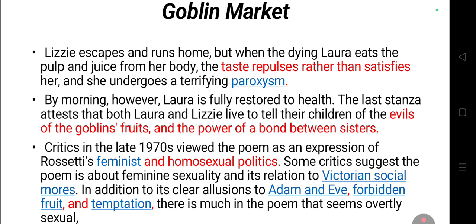Even now there is no mention of any male character here. So how will these children be there in the coming future? This is upon you, how you understand this, how you interpret this. But they are surviving to tell their children of the goblins' evils and the power of a bond between sisters.